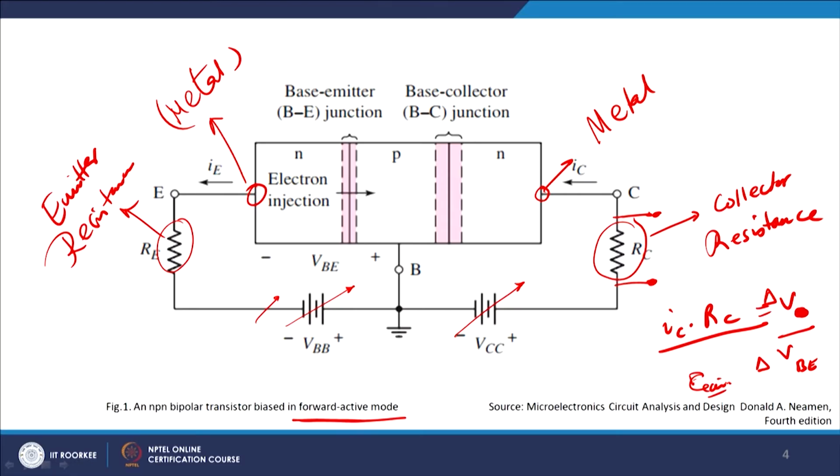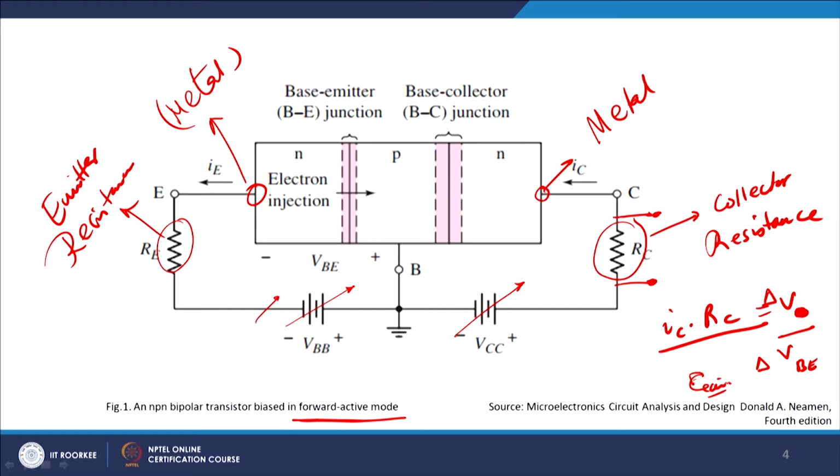As long as you are able to sustain a large current across the collector end, that multiplied by the collector resistance will give you a large voltage drop. This voltage drop will change depending on the value of VBE. So VBE is your input voltage, and output voltage by input voltage will give you the gain.